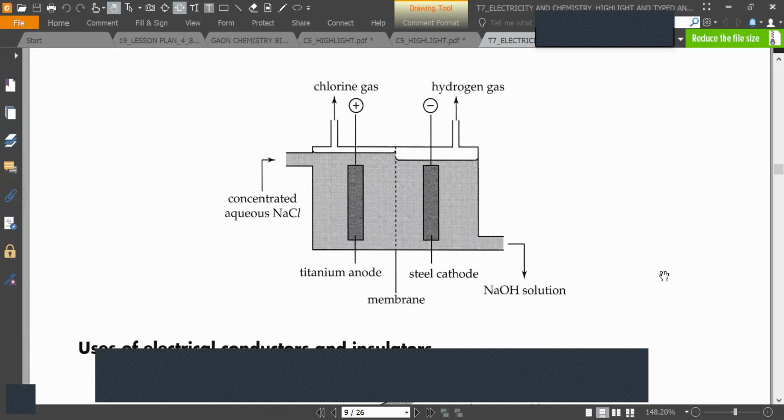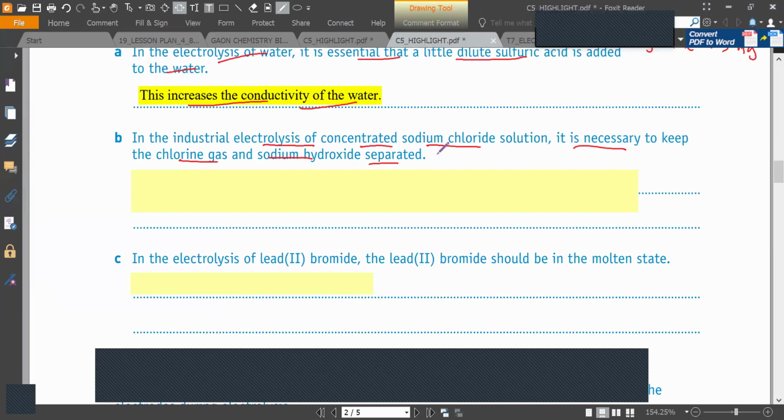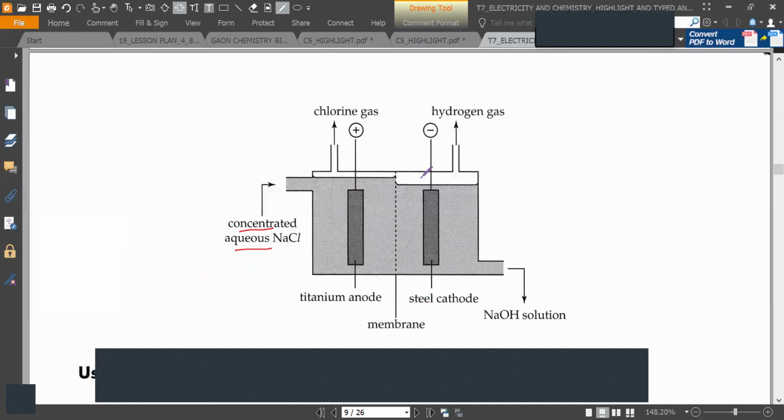Ah, yes. So this is electrolysis of the concentrated sodium chloride solution. We see here that to keep the chlorine gas and sodium hydroxide separated, the chlorine gas is produced here, the sodium hydroxide solution is produced here, and it is separated.